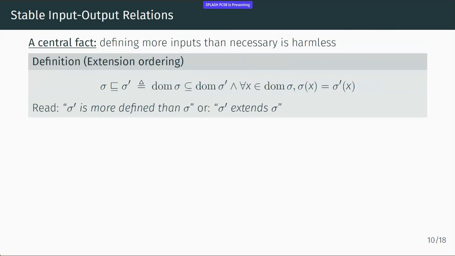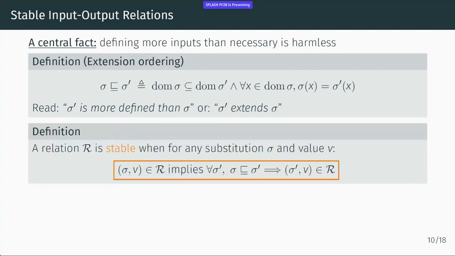So if I define the extension ordering on substitutions, saying that sigma prime extends sigma when it defines more inputs than sigma, we say that a relation is stable when it is stable under extensions of the substitutions. If I have an input-output pair in my relation, then if I add more inputs but keep the same output, I still remain in that relation.